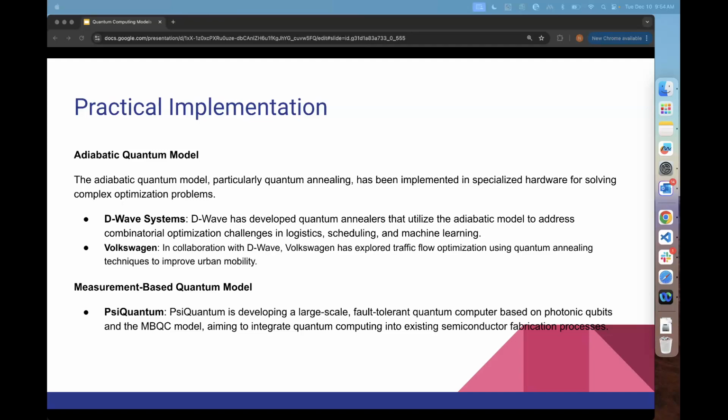These photonic qubits are helpful if you want to explore protein structures, which are pretty complex, and could probably be leveraged to solve these hidden protein structures much faster. They are aiming to integrate this quantum computing into existing semiconductor fabrication processes as well.